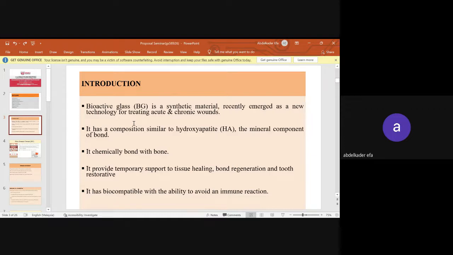Bioactive glasses are bioceramics that are solid, non-porous, and hard materials, which consist of the main component of silicon dioxide and 3 other basic components: sodium oxide, calcium oxide and phosphorus.